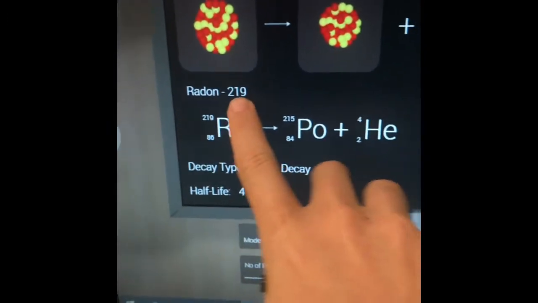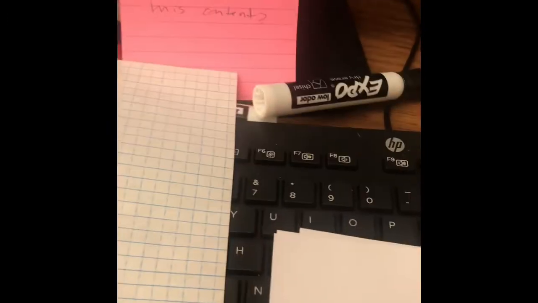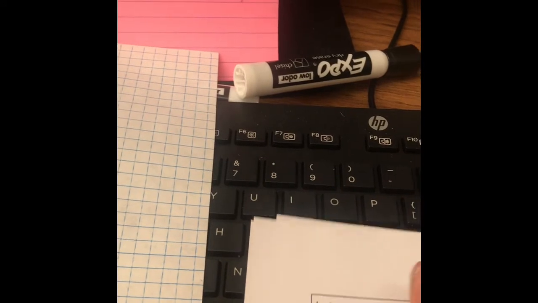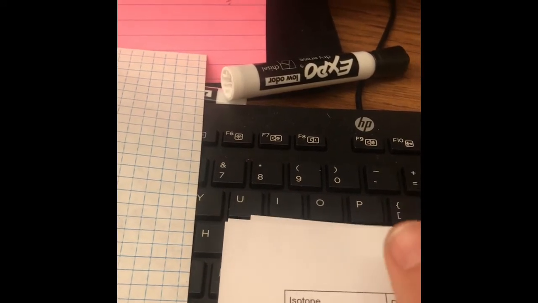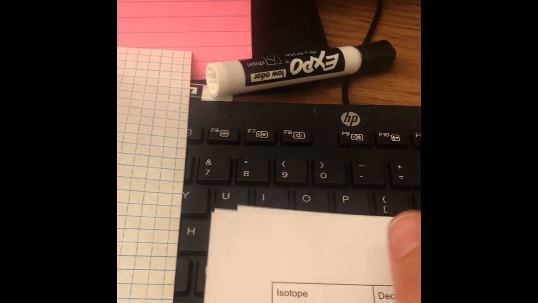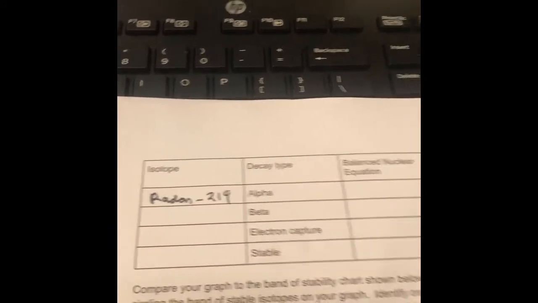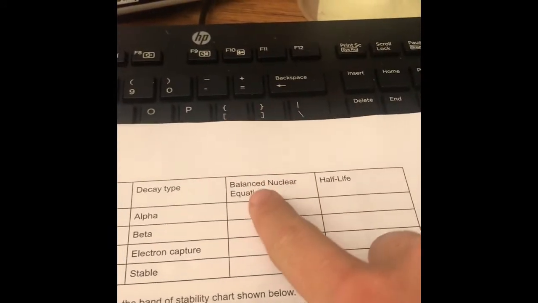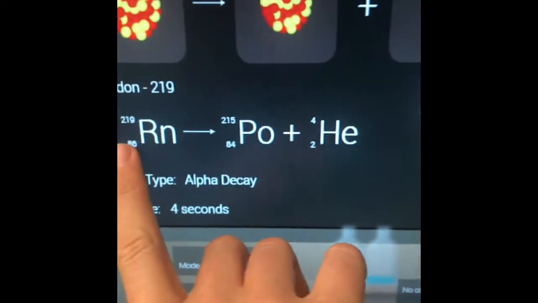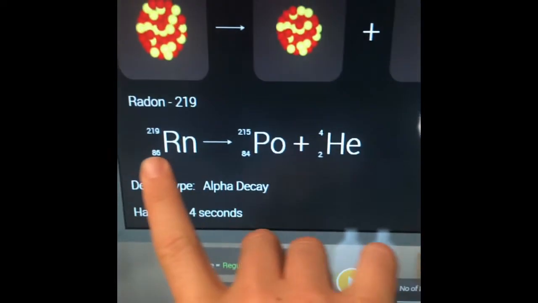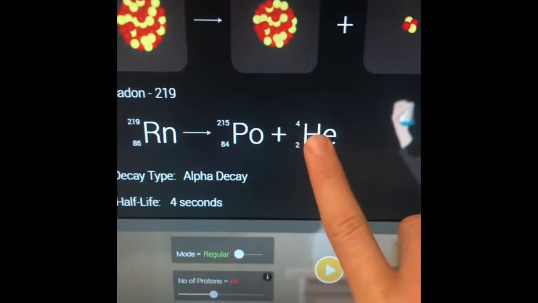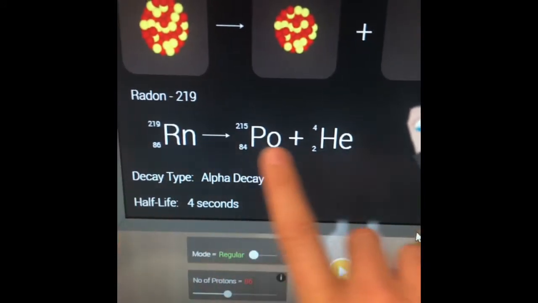So in the first column, I'm going to write the name of this isotope, radon 219. In the table. And then for the balanced nuclear equation, you'll notice it shows me this equation with the balanced particles on both sides. So this is the part that I'm going to write in the table below.